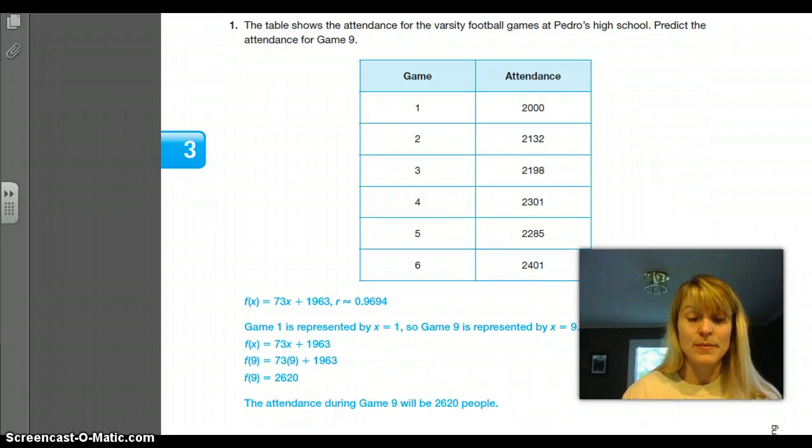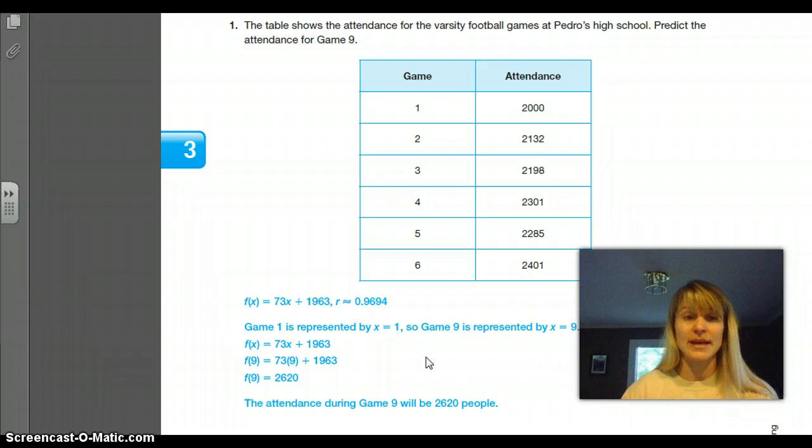Okay, and then we write that sentence out. So I expect that for the next several problems you're going to do. I want you to do problems 2 through 6. Okay, so you're going to do the vocabulary and problems 2 through 6 tonight.